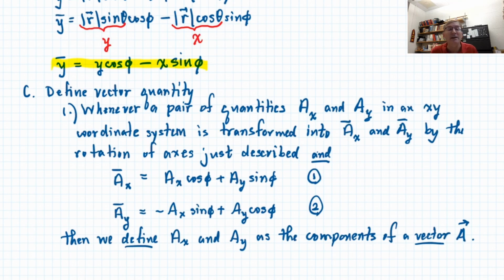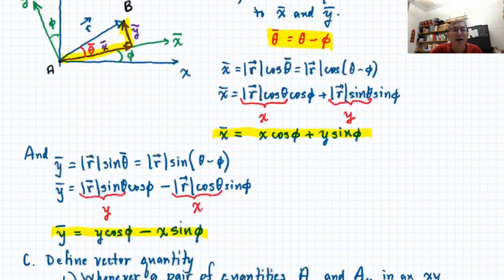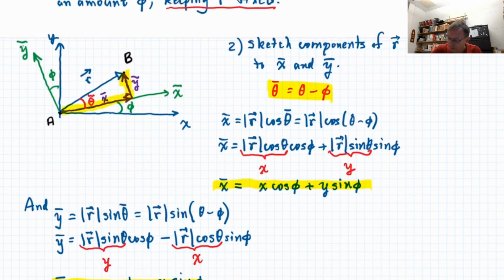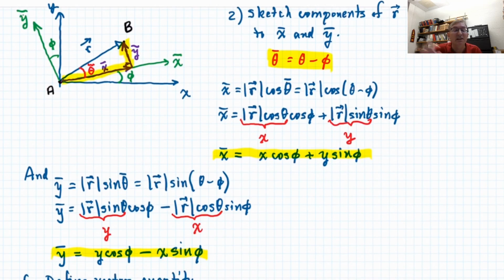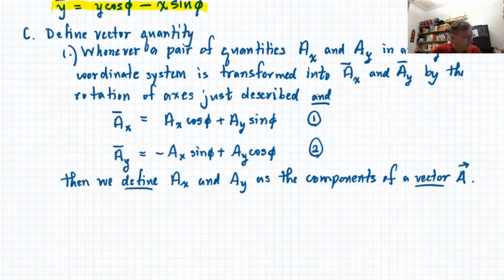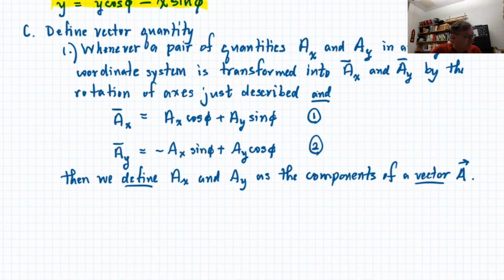That is how we define a vector quantity. If you go back up and look at what I did with the displacement up here, x bar and y bar, the two highlighted equations in yellow, the one for x bar and the other for y bar, you will see that those equations exactly follow the pattern of equations 1 and 2 here.